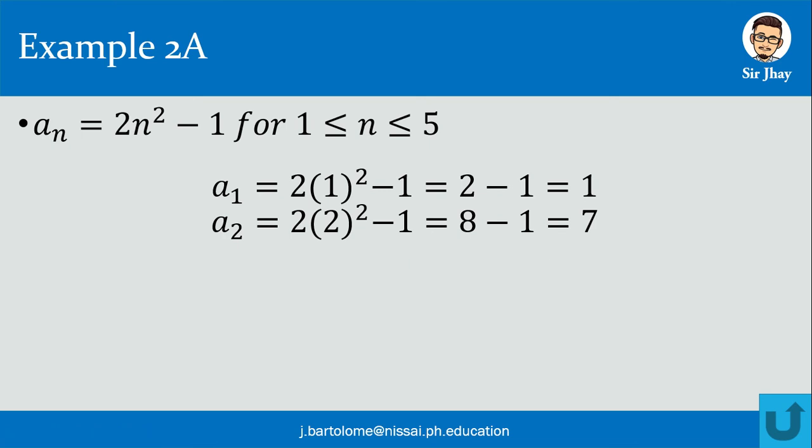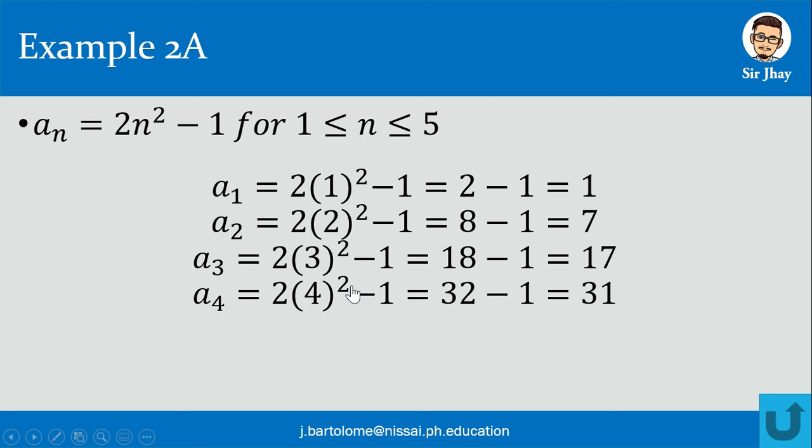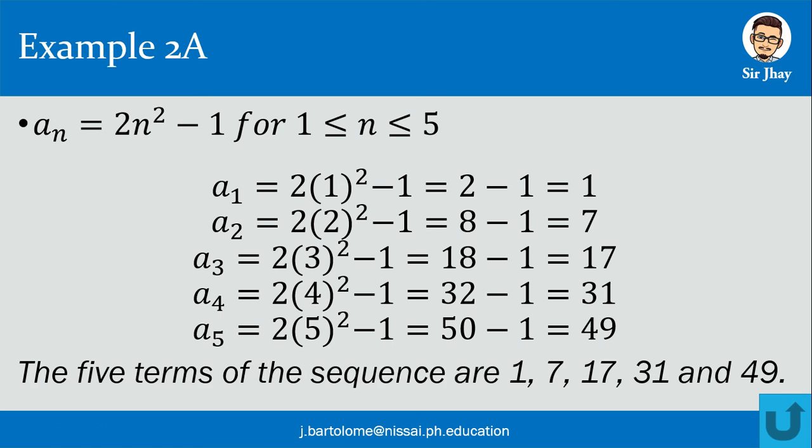For 3: 3 squared is 9, times 2 is 18, minus 1 is 17. For 4: 4 squared times 2 is 32, minus 1 is 31. And lastly, 5 squared is 25, times 2 is 50, minus 1 is 49. Therefore, the 5 terms of the sequence are 1, 7, 17, 31, and 49.